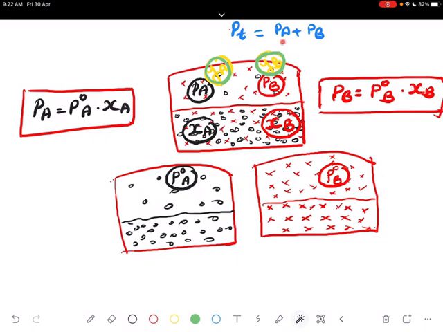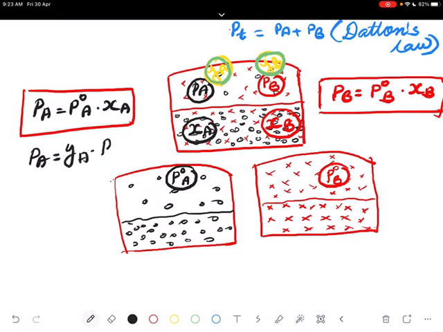P total is equal to Pa plus Pb, that is according to Dalton's law. And Pa is equal to YA P total.